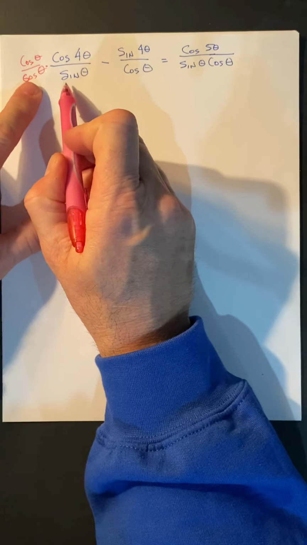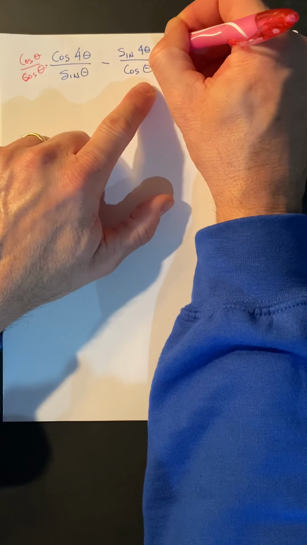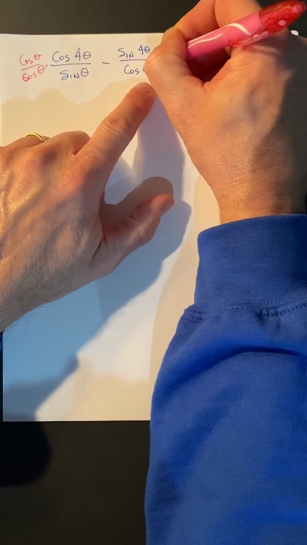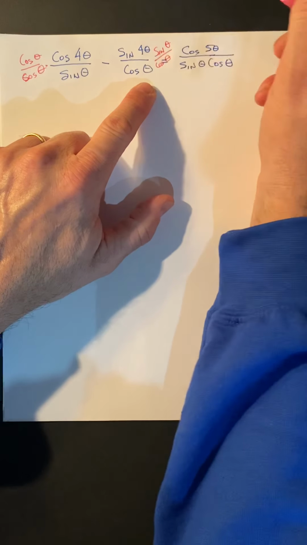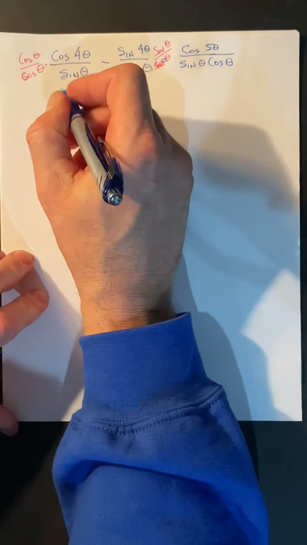okay, I'll get cosine sine. And I would likewise have to multiply this one by sine theta over sine theta, because I can only multiply when I'm multiplying by 1. So what does that give me?